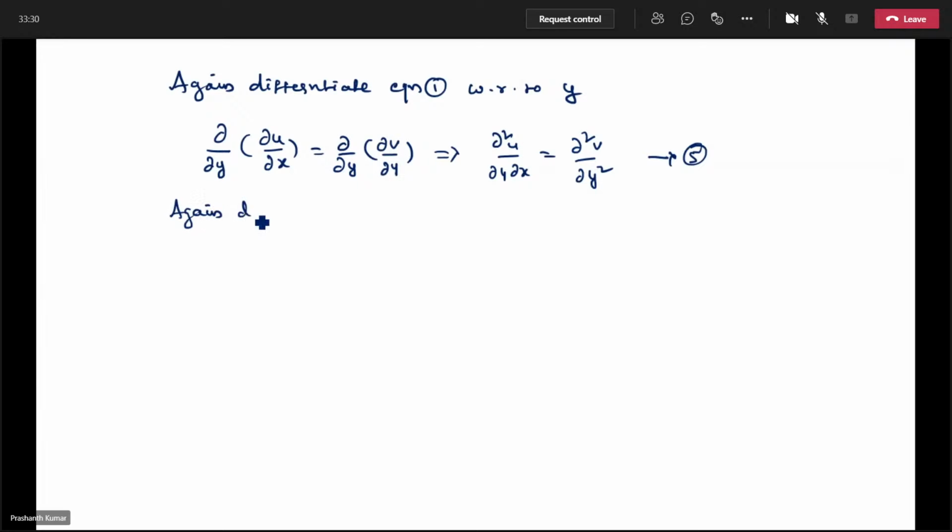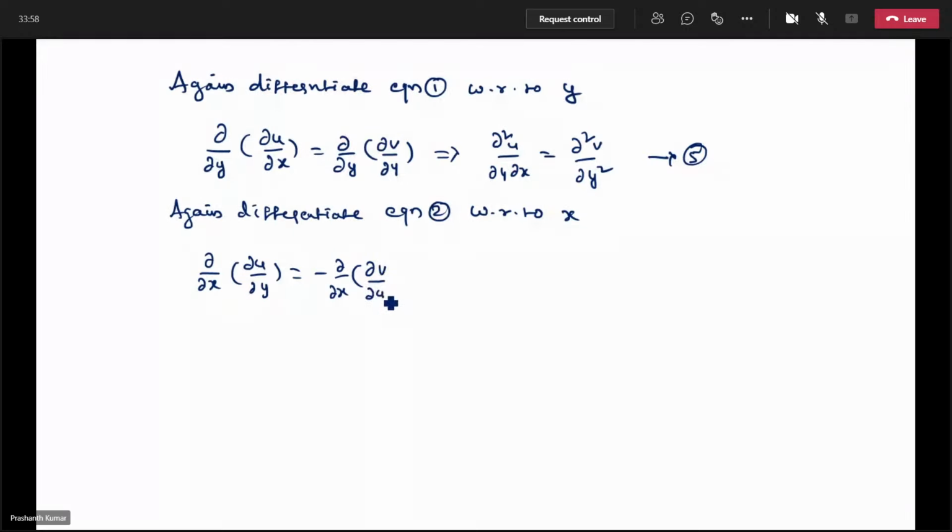Again, differentiate equation 2 with respect to x. So that is dou by dou x of dou u by dou y is equal to minus dou by dou x of dou v by dou x.